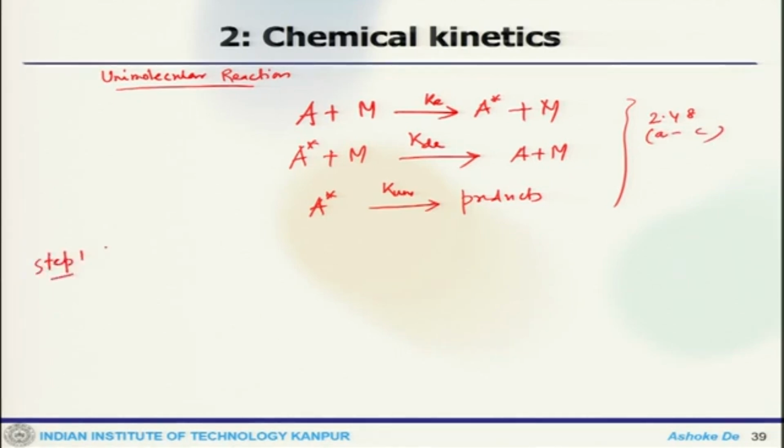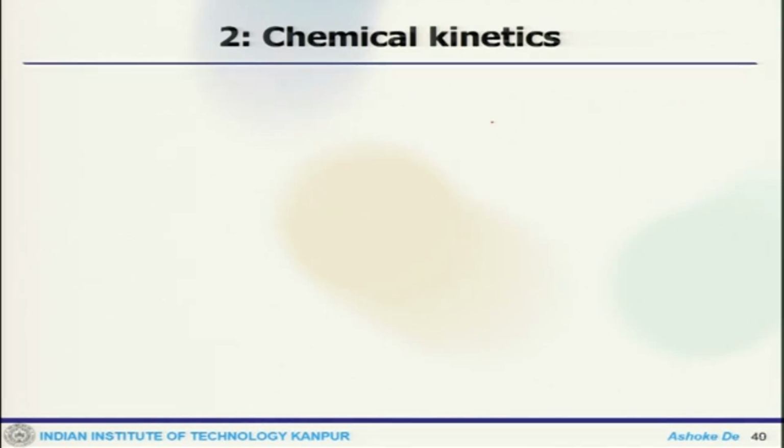Now, in step 1, what you do? The kinetic energy which is transferred to A from M, A has increased internal vibrational and rotational energies and becomes an energized A molecule, A star. So, because of this you get two possible scenarios for A star.